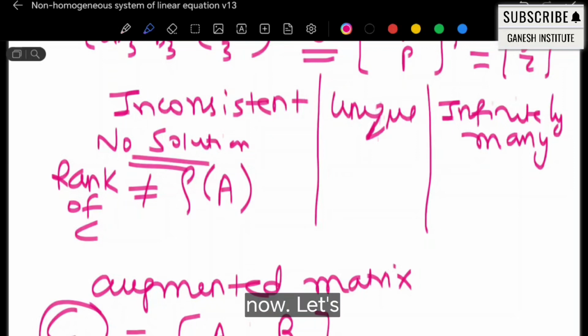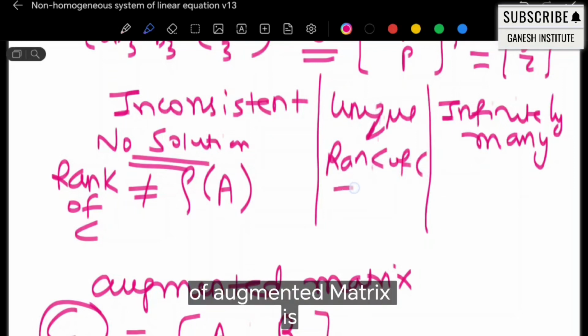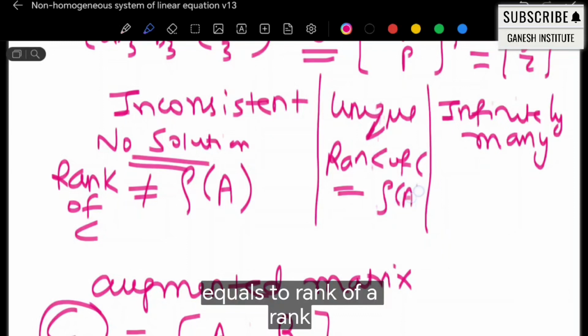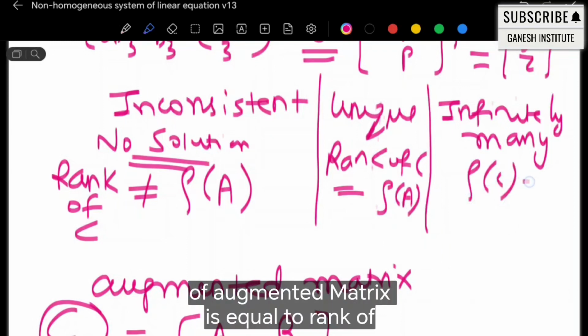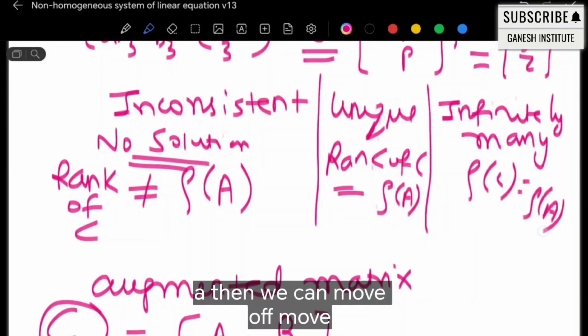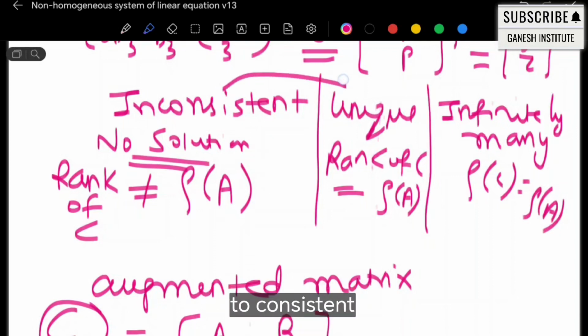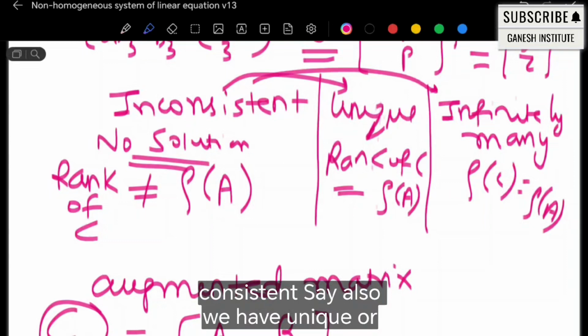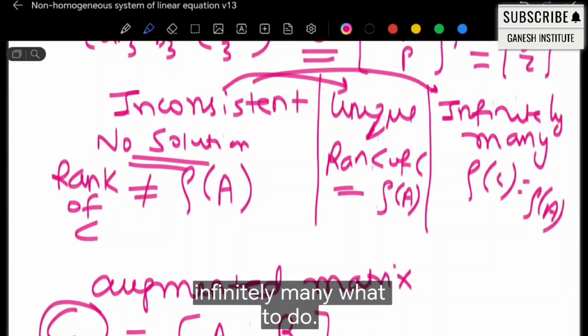The other two options are when the rank of the augmented matrix is equal to the rank of A. Then we can move to a consistent solution. But in consistency also we have unique or infinitely many solutions.